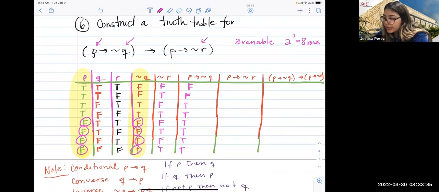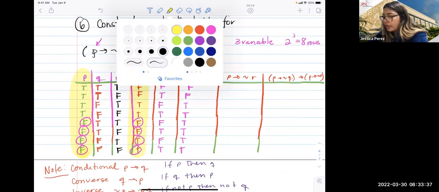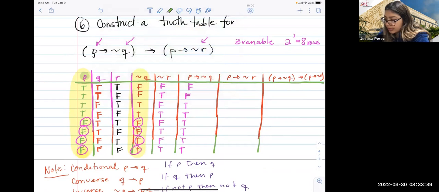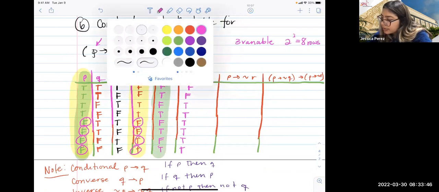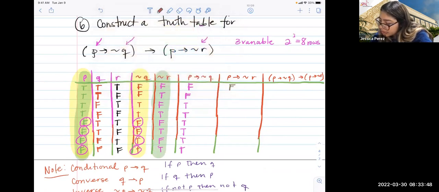Now, P implies not R, so it's going to be again P, but now not R. TF, that's an F. And then that TF, that's an F. T, T, that's a true. True, false, that's a false.